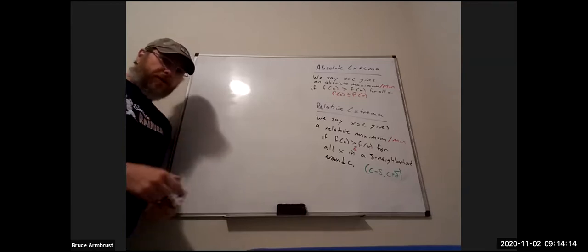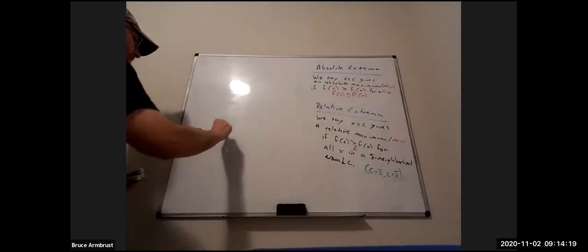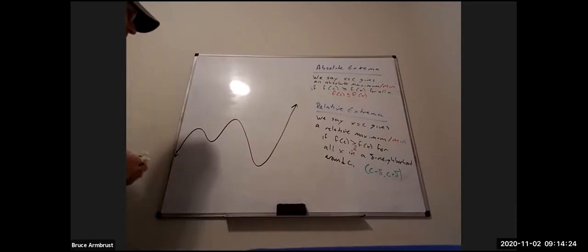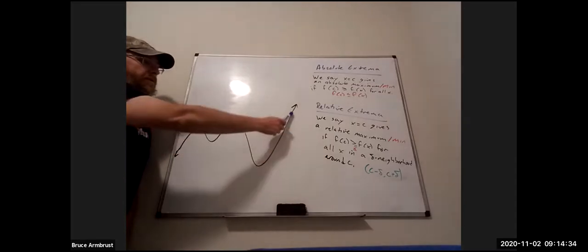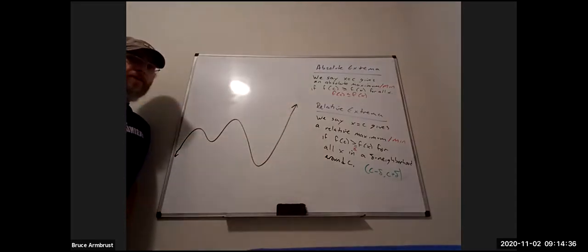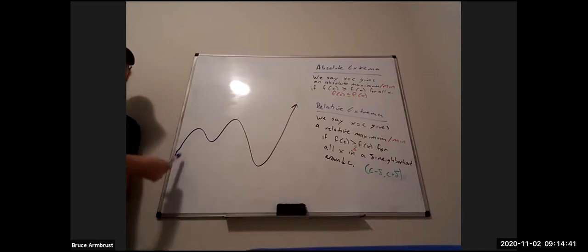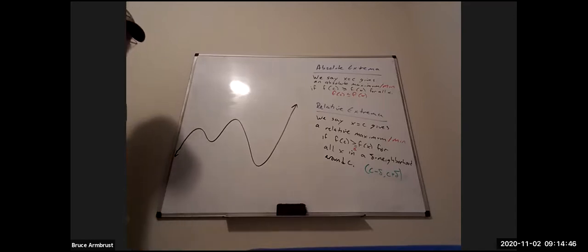So let me draw you a picture, give you an example. It would be something like this. So think about this function. So this would be some sort of polynomial function. And it does not have an absolute maximum because this just keeps increasing forever. It also doesn't have an absolute minimum because this piece keeps coming down forever. However, it does have relative extrema. And here are some examples.